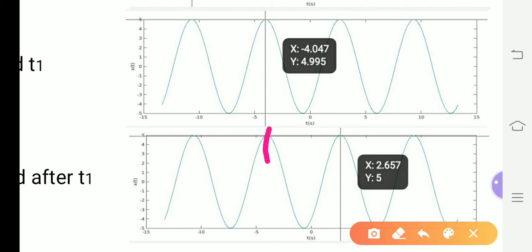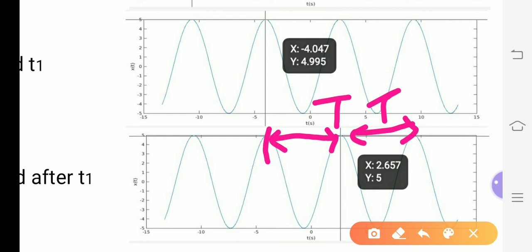Here we can find that the time spacing between one peak and the other peak is actually the period. They all come from the same equation, so we can expect a peak another period after this.